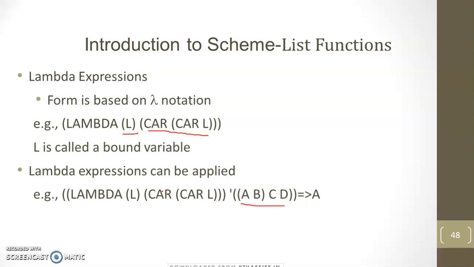It is given as a parameter to this lambda expression, in which first CAR of this list is taken. CAR means taking the first element of the list, that is A B. Again it does the CAR operation: from this A B, what is the first element? A. Hence A is returned as the result.